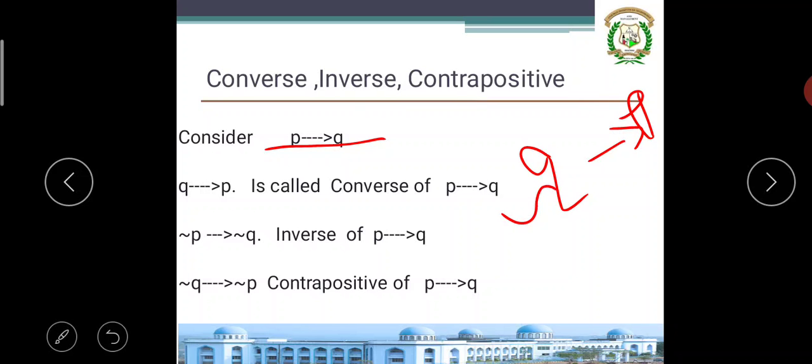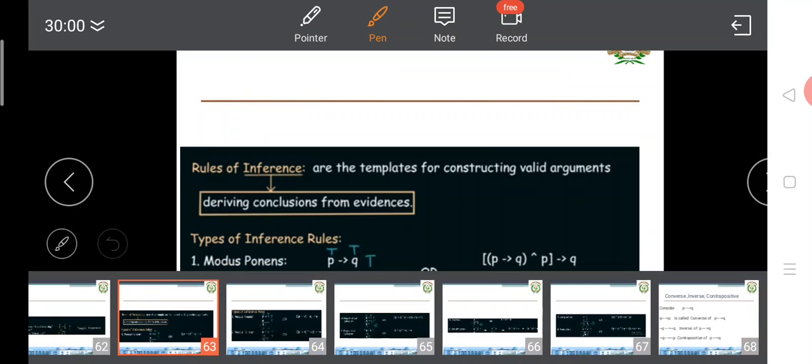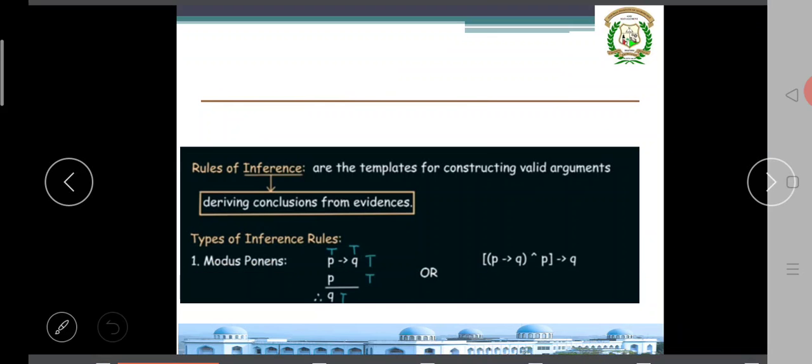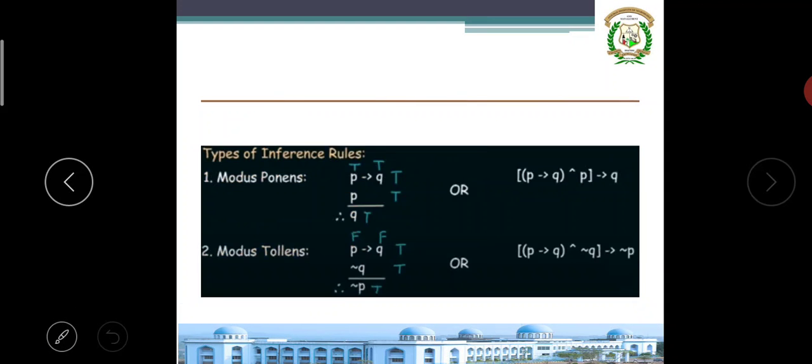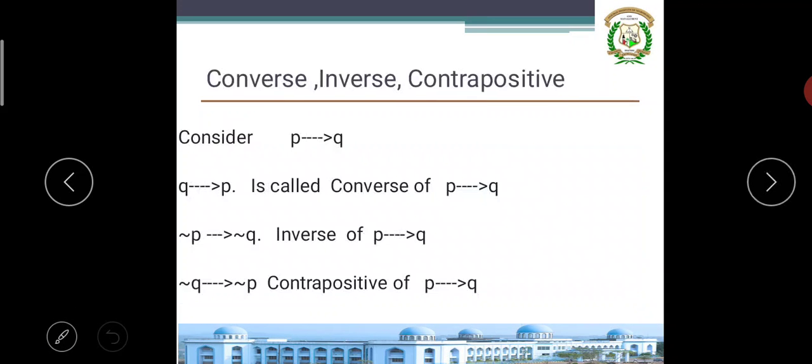Again, negation of Q implies negation of P is the contrapositive of P implies Q. So these are three important things. The rules of inference and remaining things I will cover in the next class.